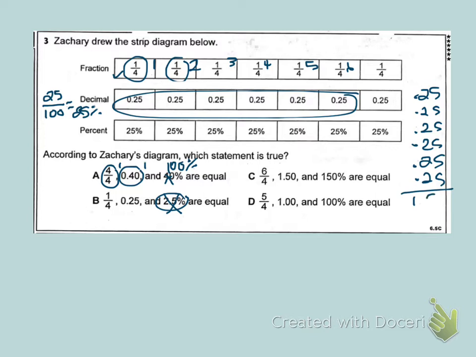Good, 1.50. And then to convert your decimal to a percent, remember Dr. Pepper, decimal to a percent, moving it over 2 times. So is that 150%? Yes. Okay, so we have one whole, but what did we say our fraction was as a whole? 4 over 4, so that's not right. So your answer is C.